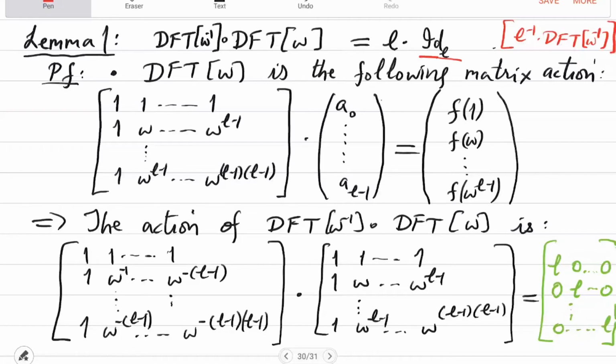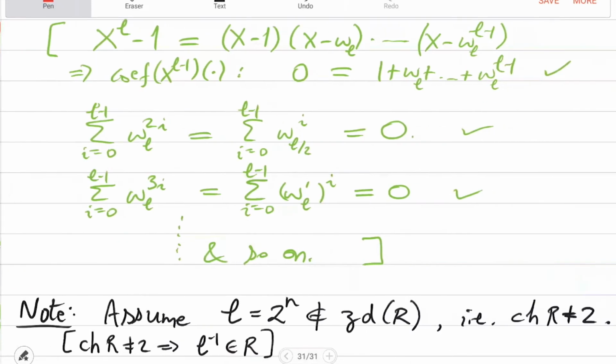The characteristic of Z6, for example, is 6, but 2 is still a zero divisor there. I guess what I mean here is that it's a field. But there are now too many implicit assumptions. Okay, let me change this.